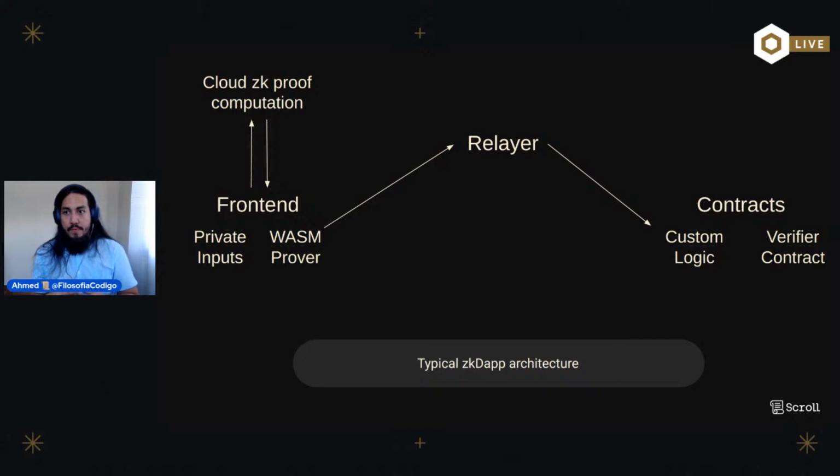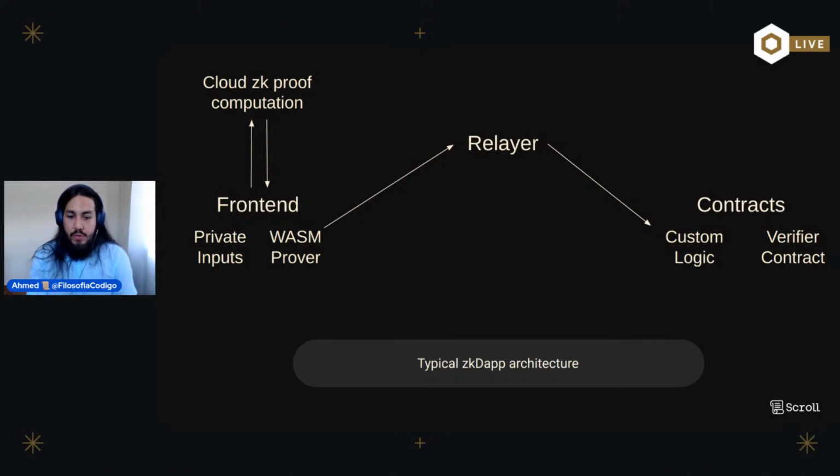So if privacy is not an issue, you can ask a third-party service to generate the proof for you, and you can give your users a better user experience.